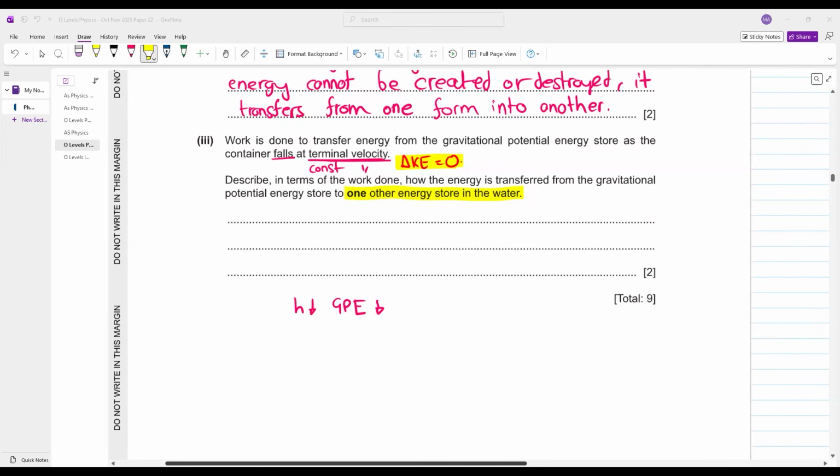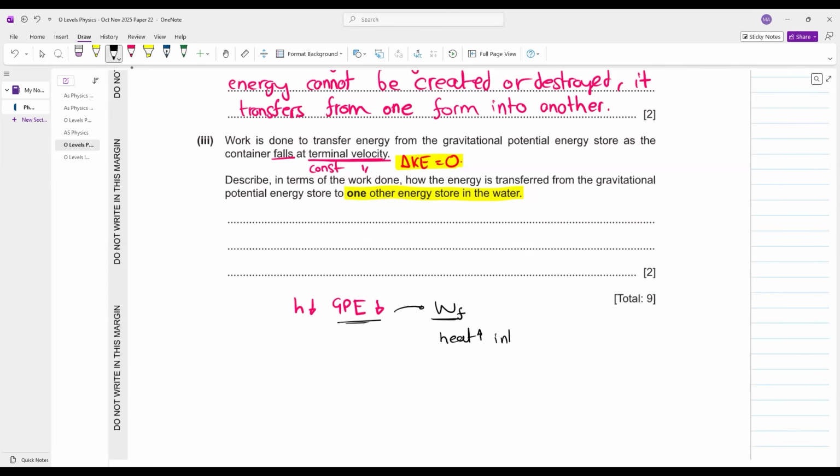Sir, what do you mean by that? देखो बेटा, जो gravitational potential energy का decrease आ रहा है, this is getting converted into what? Work done against friction. Whenever work is done against friction, this causes your object, yeah, the container to heat up. Hence, the internal energy of the container increases. So you will say, work is done, yeah, energy is transferred.